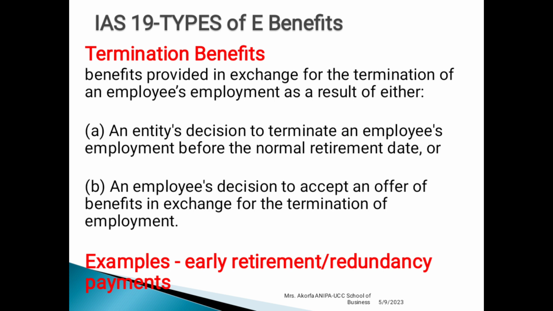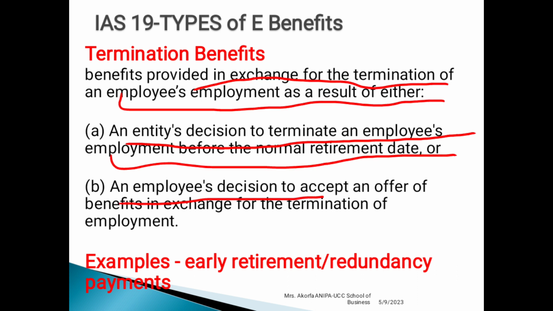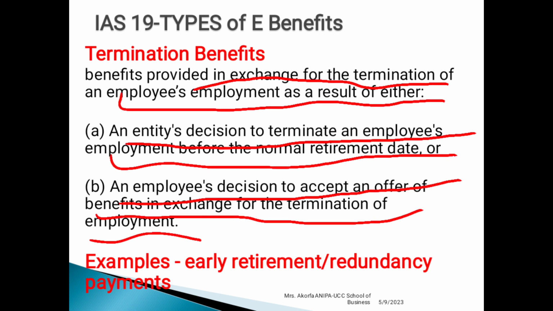So it said the termination benefit is provided in exchange for the termination of an employee's employment as a result of either A, an entity's decision to terminate an employee's employment before the normal retirement date, or B, an employee's decision to accept an offer of benefit in exchange for the termination of employment.